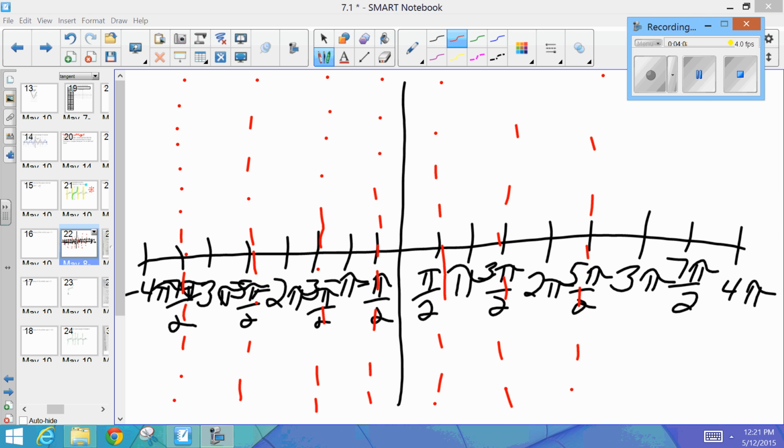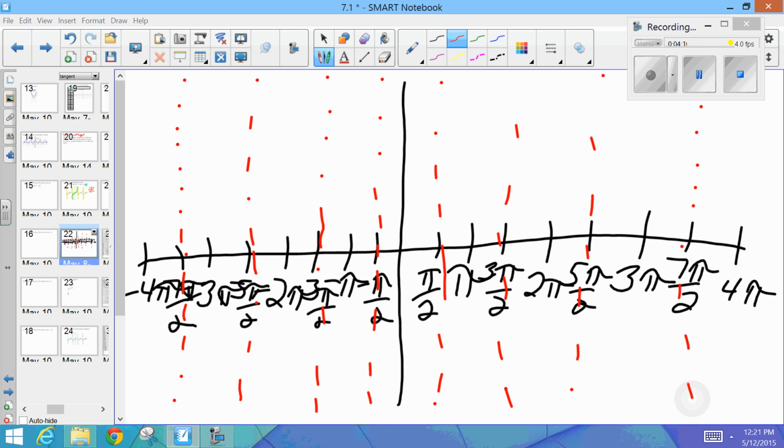Those are supposed to be straight vertical lines. And this is going to be a curve. If I start at the origin, the curve is going to be concave up to the right of the origin, concave down to the left of the origin, and it's going to be approaching those vertical asymptotes.